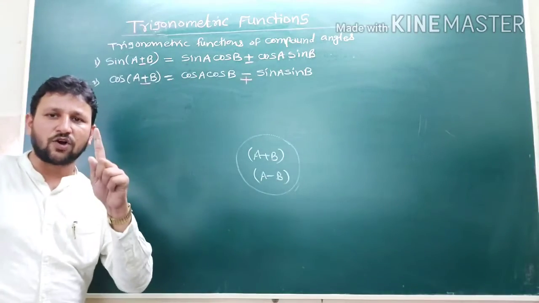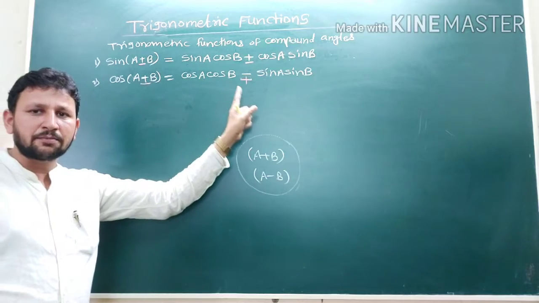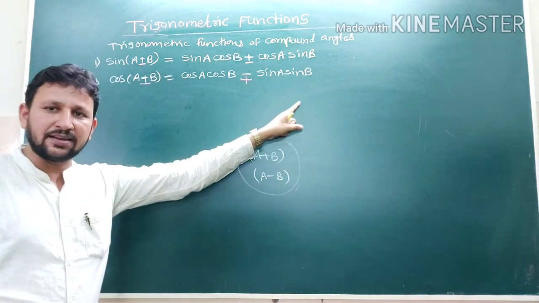So the formula for cos of A minus B is cos A cos B plus sin A sin B.